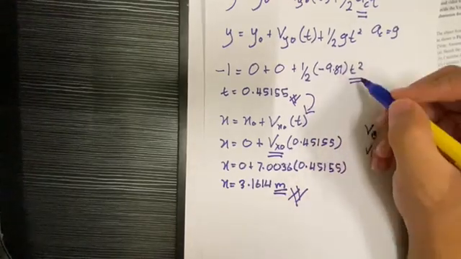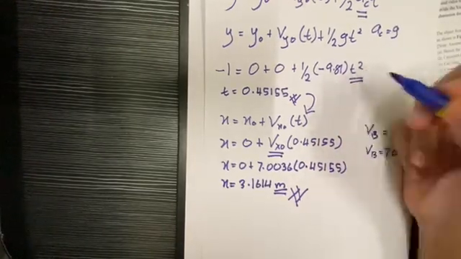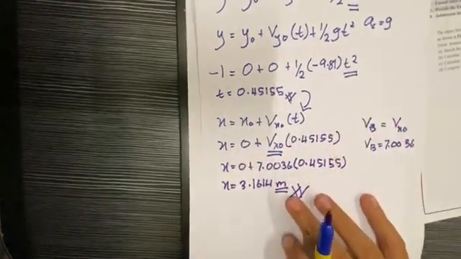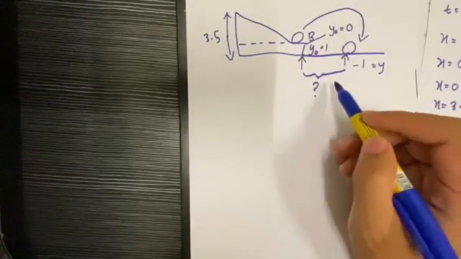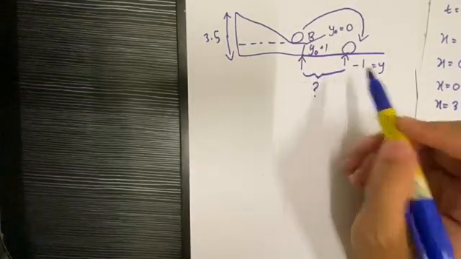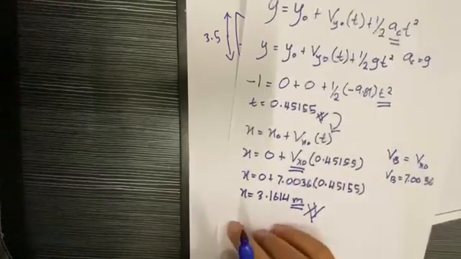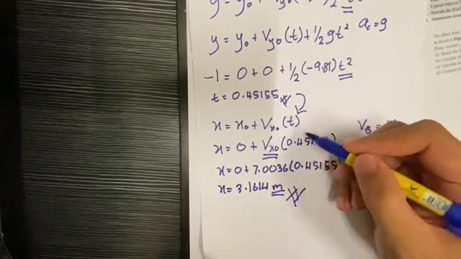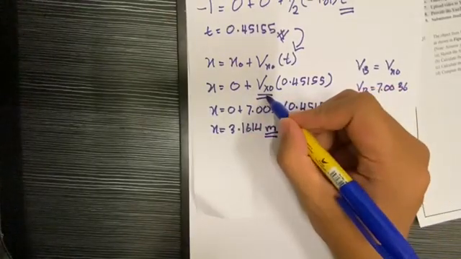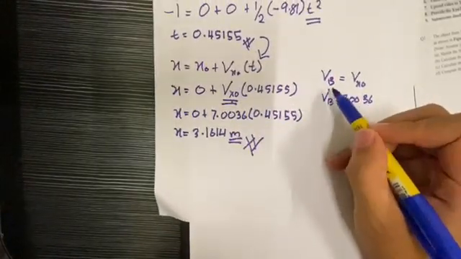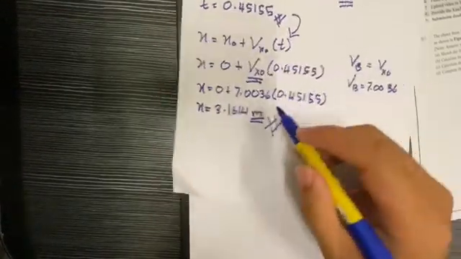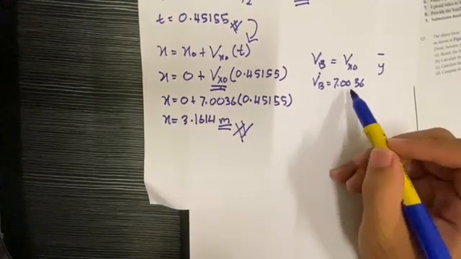Now we can get t squared, and so the time taken. The time will be 0.45155. To calculate the distance in the x component, we use the x equation, which is x equals x naught plus vx naught times t. We have the t, so we just put the t in. For vx naught, we use vb, which we got at question B. So vb is equal to 7.0036.